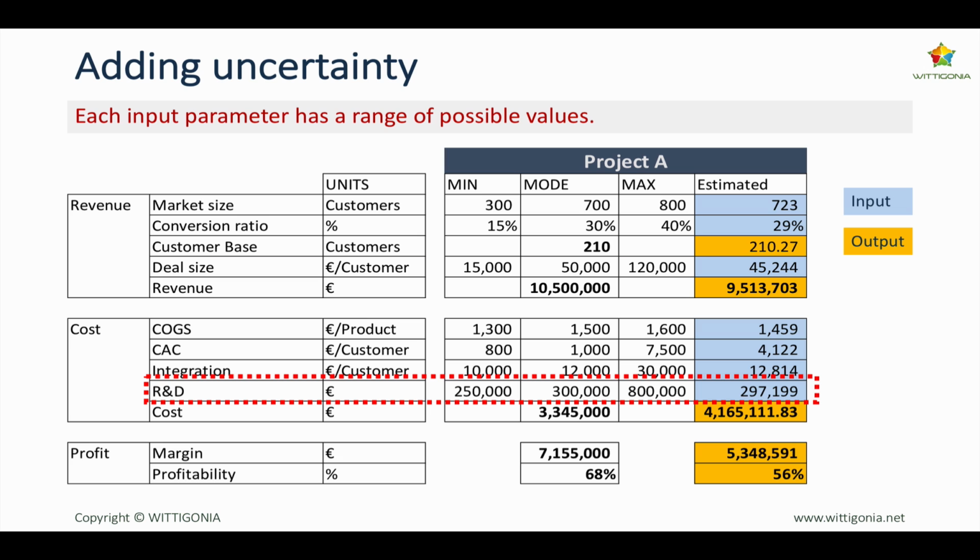Now, what we do here is we specify for each one of these parameters the most likely value, the minimum and maximum value. And then we have our input parameters here. So, for example, market size, our assumptions about market size, conversion ratio. These are all input parameters, and the yellow ones are calculated output parameters.